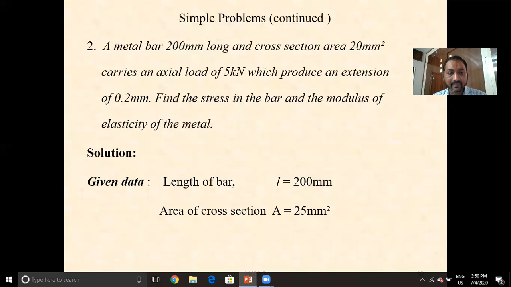In the problem they have taken 25 square millimeters, and the axial load acting on the member is P is equal to 5 kilonewtons. That is 5 into 1000 newtons. So we have to convert kilonewtons into newtons. Then the extension is given as delta L is equal to 0.2 millimeters.